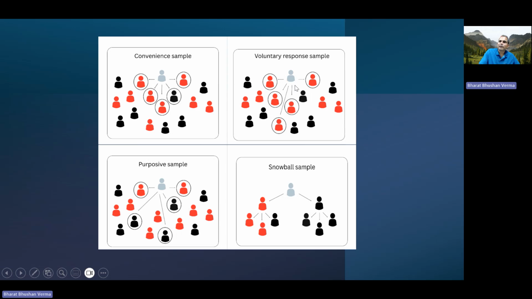Third one, voluntary sampling, wherein you invite people to come and respond to your questionnaire to collect your data, and those who volunteer become your sample. Snowball sampling: you approach one person, that person approaches the people whom he knows, and then in turn they approach further, so it kind of snowballs and the entire sample is collected.